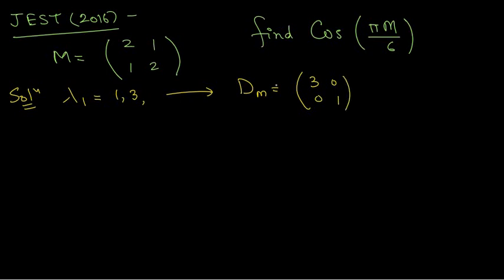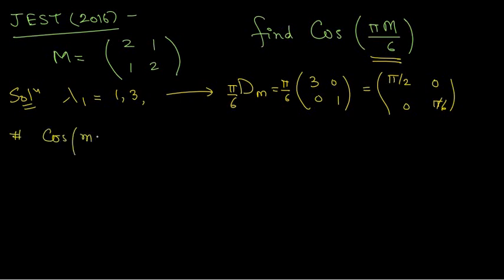If you put in pi by 6 times dM, you will get [pi by 2 0; 0 pi by 6]. Then we have to find this quantity, cos of pi M by 6, which will equal P cos of dM times P inverse.